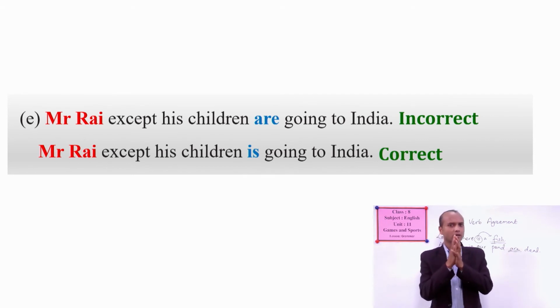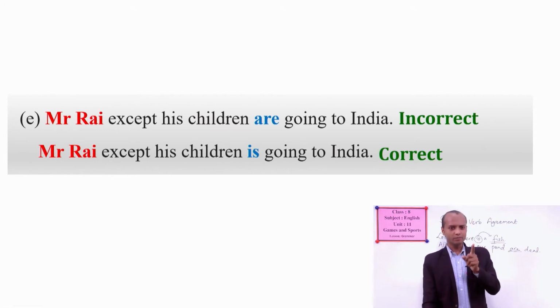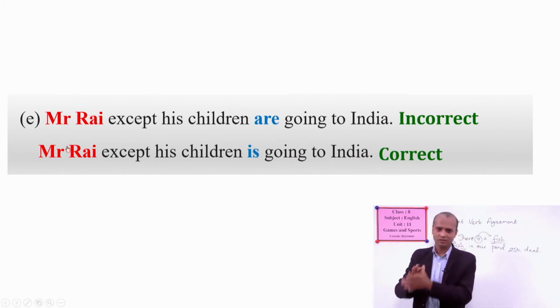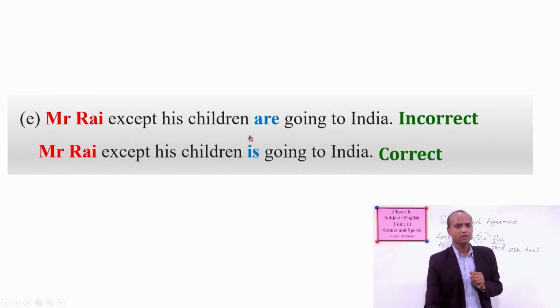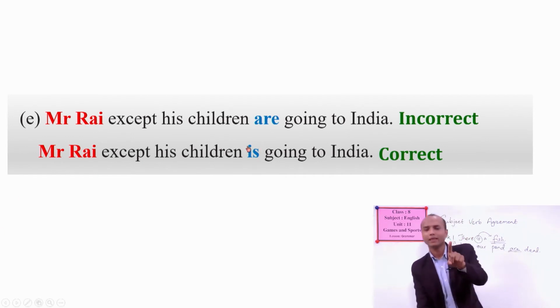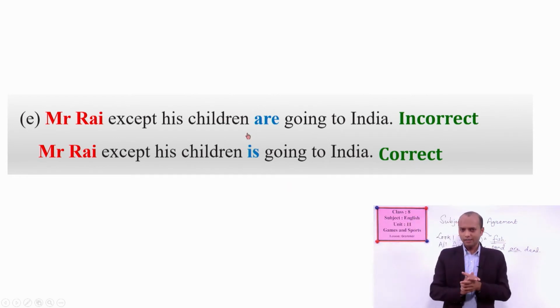If your subject follows except, in addition to, together with, as well as, etc., the verb should agree with the subject farther away, not the nearest noun or pronoun. So it should agree with the subject, Mr. Rai, not with his children. Very good.